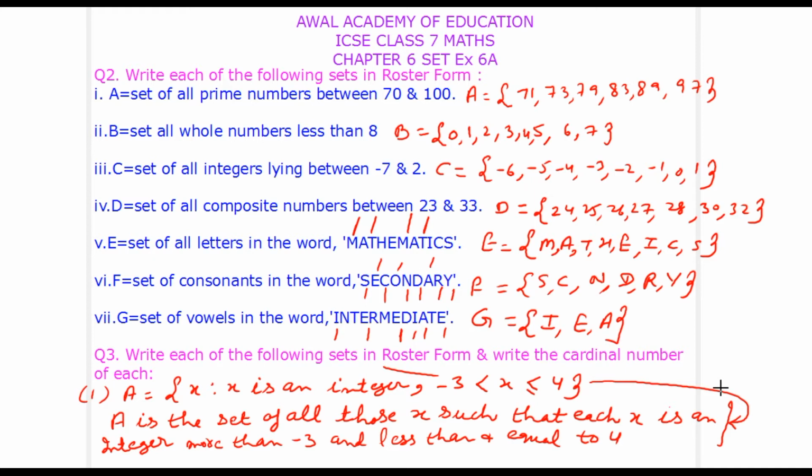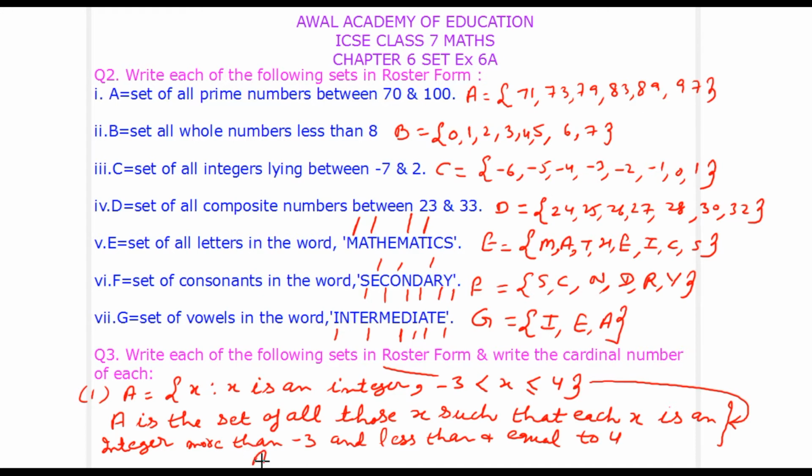A is a set of all those x such that each x is an integer more than -3 and less than and equal to 4. Right? So what would be our roster form? We will write it. This is your answer.